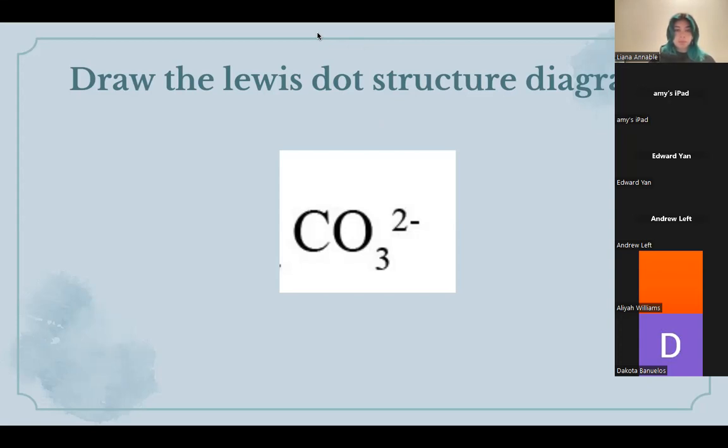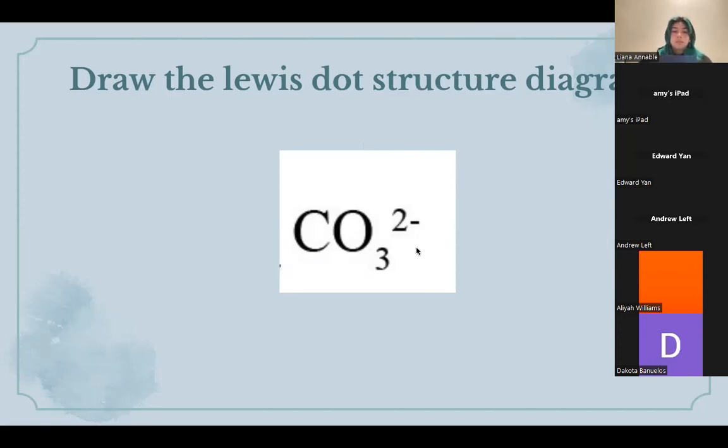Do you need the 2 minus around the structure, like in the brackets? Yeah, it's around the whole compound, CO3 2 minus, so it's not just for one part.